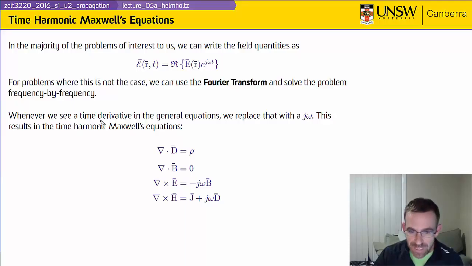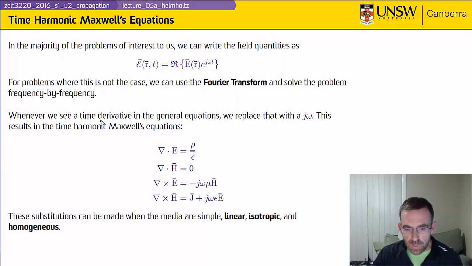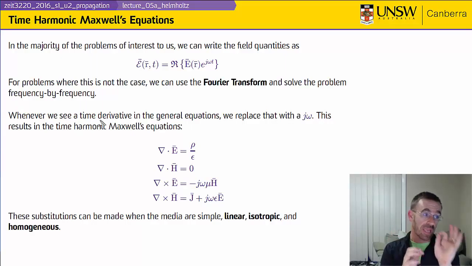Well, the dB/dt becomes minus j omega B. And del cross H was J plus dD/dt. And it becomes J plus j omega D. And when we're dealing with simple media, that is media that are linear, isotropic, and homogeneous. So linear means that D is proportional to E and H is proportional to B. Okay.